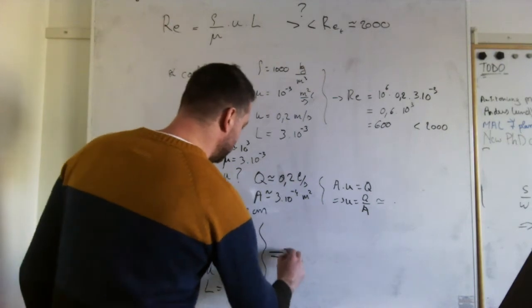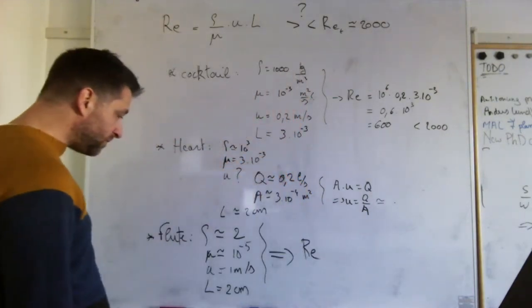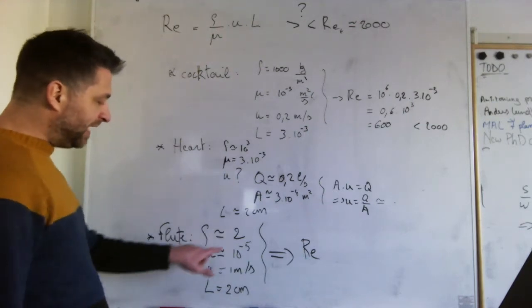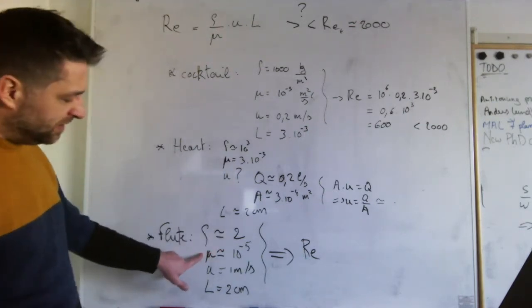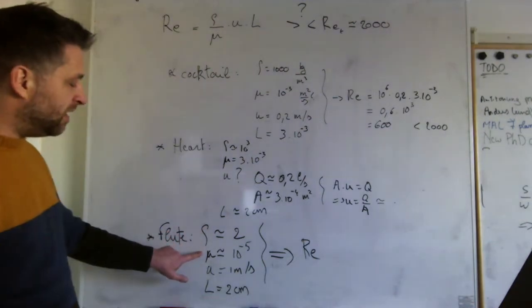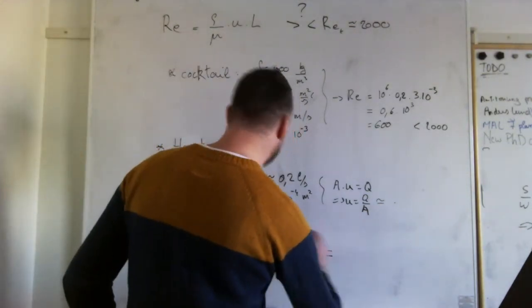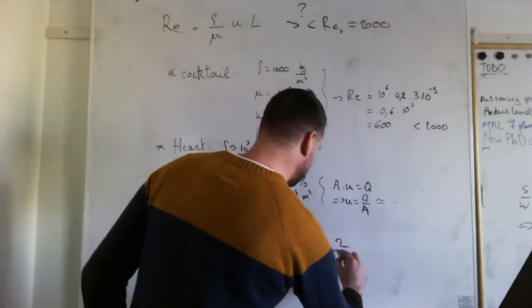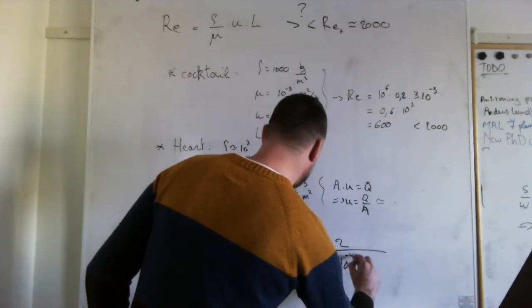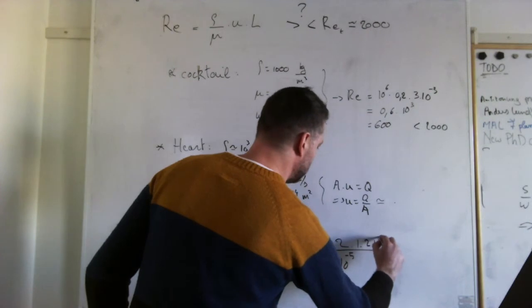Based on this, I will be able to calculate the Reynolds number. Now I get a much less viscous fluid and a much lower density, so I'm going to get something different from what I got before. So this is going to be 2 divided by 10 to the minus fifth, times 1 meter per second, times 2 times 10 to the minus 2.